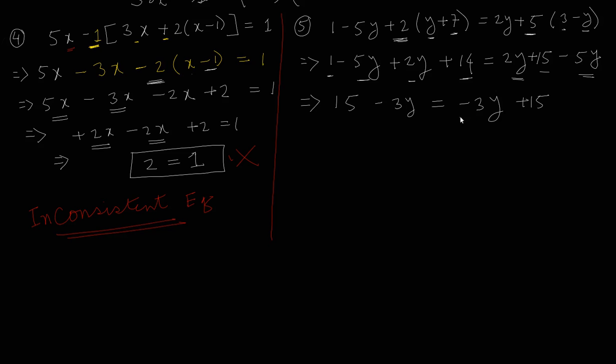So let me write down the left hand side. On the left hand side, what I have is 15 minus 3y, and let's bring this negative 3y to this side, so it is going to be positive 3y, and on the right hand side I'm still left with 15. So now negative 3y and positive 3y are going to cancel out each other, so I am left with 15 equal to 15.